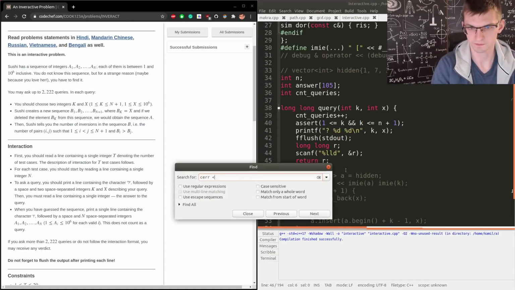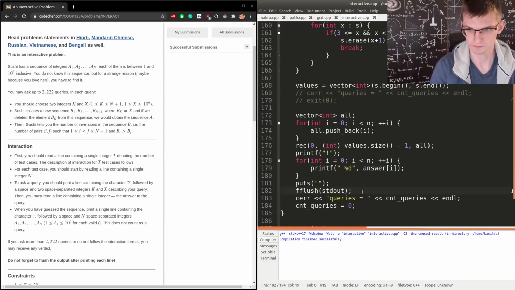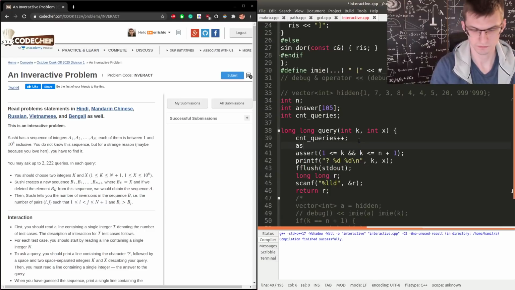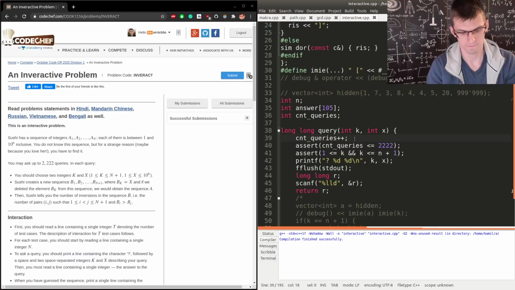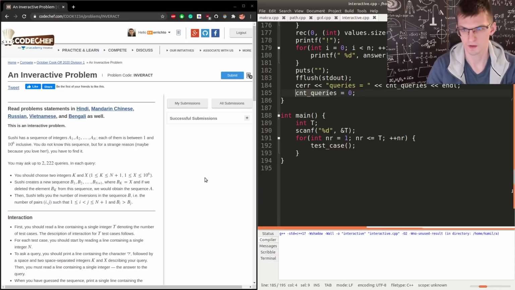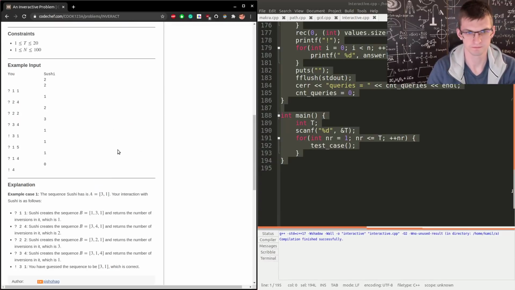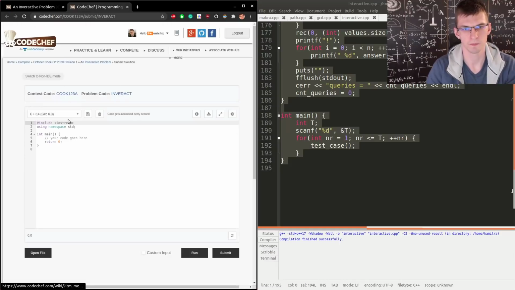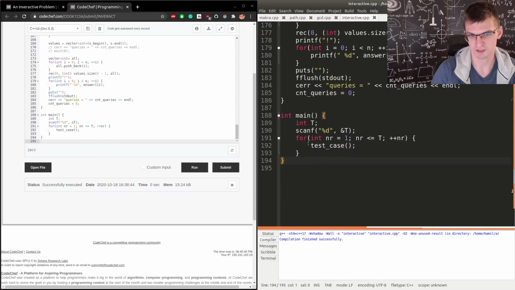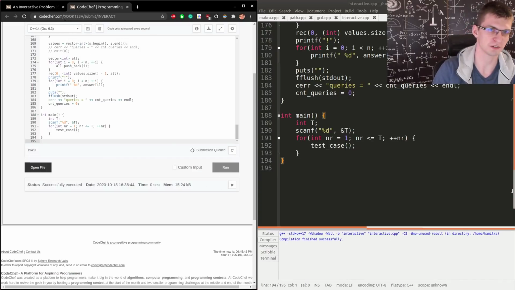Flush, okay. I don't know, this wasn't an easy problem for me, and I still might need to squeeze something here. Successfully executed. Still don't know what that means.